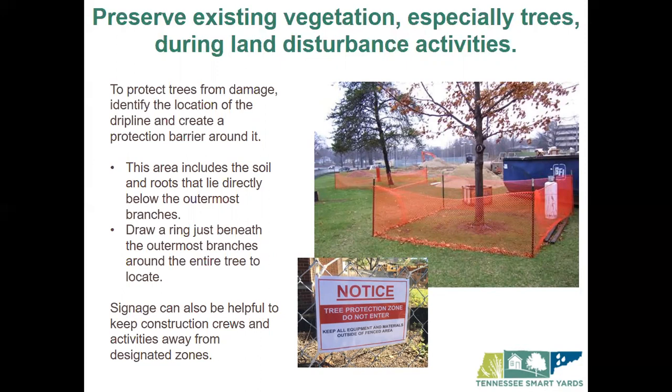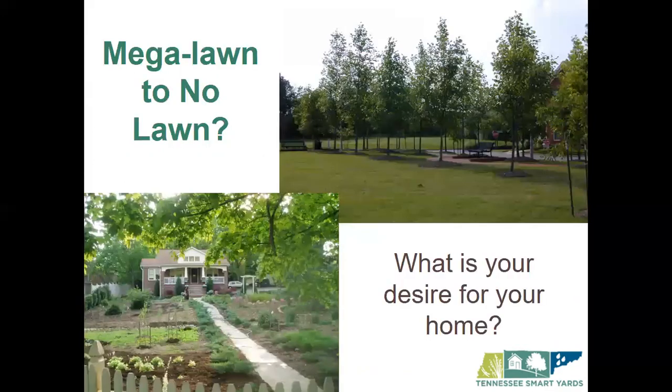Draw a ring just beneath the outermost branches around the entire tree to locate it, and signage will also help keep construction crews and basically all of these activities away from these trees. So if you can keep people away from some of these existing trees, you won't have further compaction issues, and they will hopefully live longer than trying to grow in compact soil.